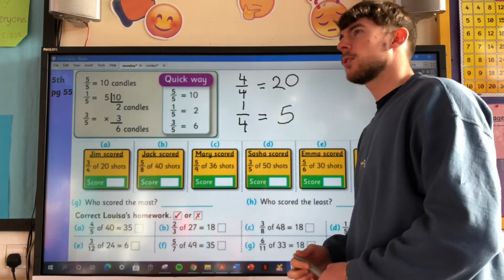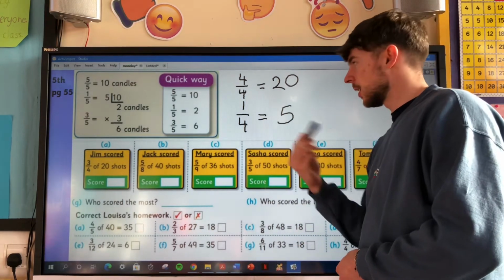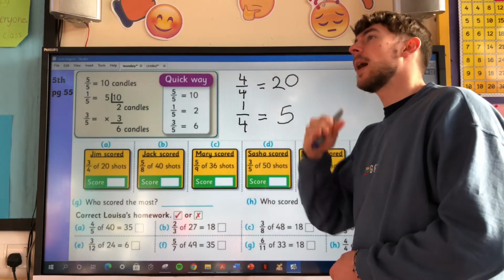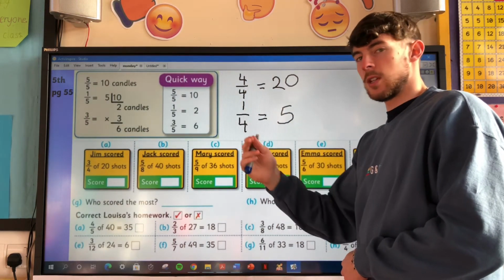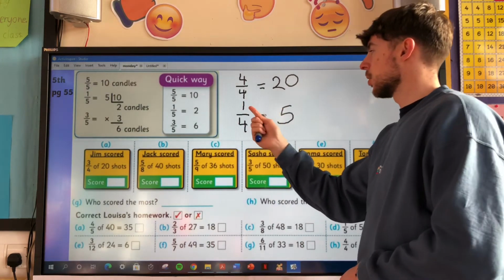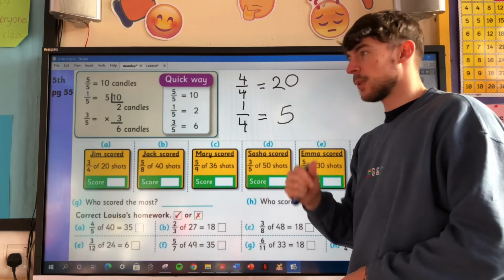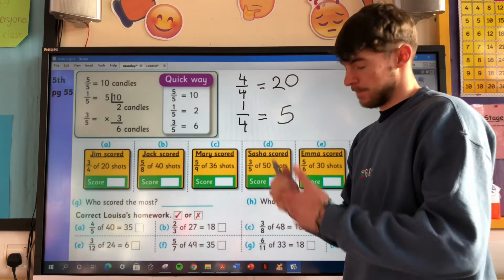So how will we get 3/4? If we divide by 4 to get to 1, how do we get that back up to 3? We don't want to go back up to 4, we want to go up to 3. So we'll multiply. What multiplied by 1 will get 3? 3.